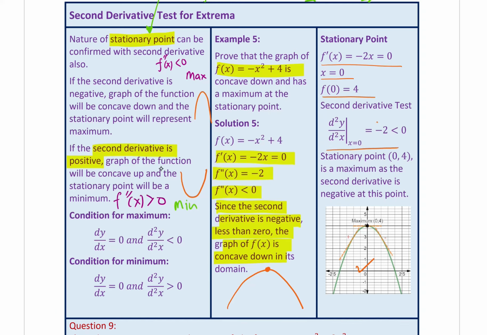So the stationary point (0, 4) is a maximum since the second derivative is negative at this particular point, as shown here. Perfect. Isn't that simple? So find the second derivative, and if it is negative and the first derivative is 0, then the point will represent a maximum. Question for you here is question number 9.